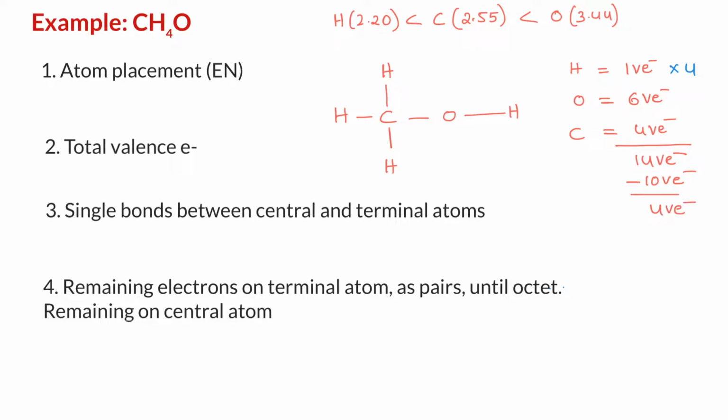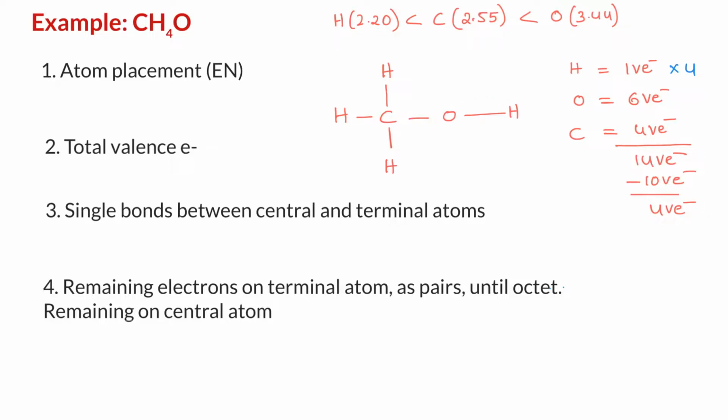I am going to place these remaining electrons on the terminal atoms, and once the terminal atoms attain the octet configuration, I move on to the central atom. In this case, the terminal atoms are hydrogen, which have a duplet configuration and are already stable. Next, I move on to oxygen.